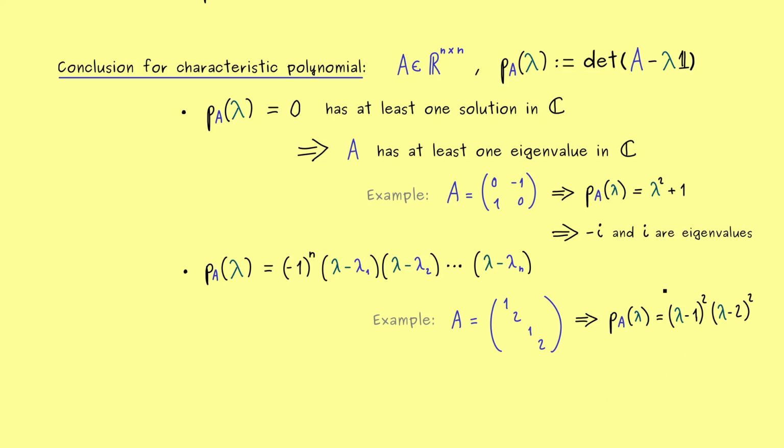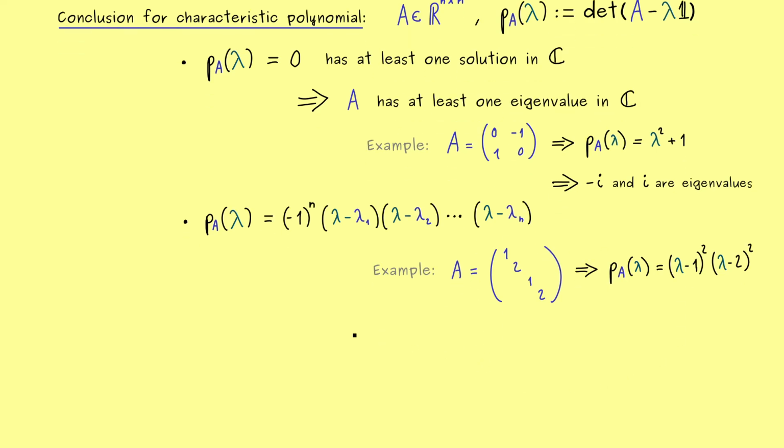So you see, this concept is not so complicated, and I would say let's put that into a definition. So now we already know the algebraic multiplicity tells us how often the eigenvalue occurs in the characteristic polynomial. So let's say we have an eigenvalue, a zero of the characteristic polynomial called lambda tilde.